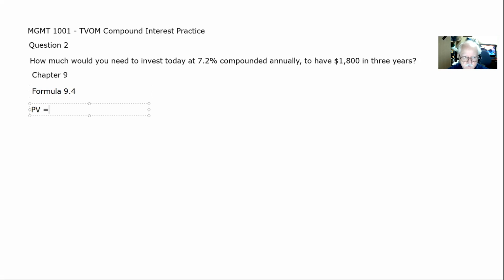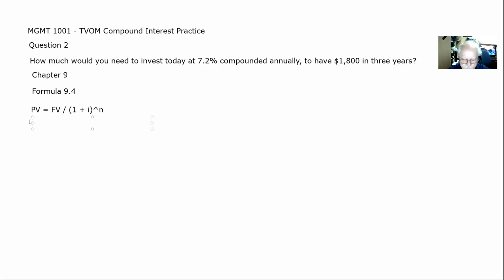Present value equals future value divided by 1 plus I to the power of n. So in this case, what do we know?